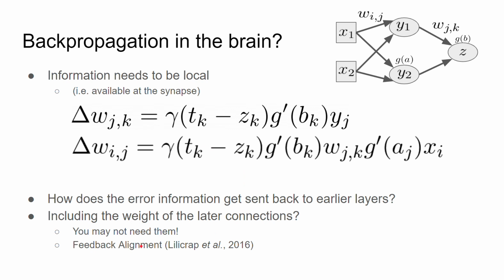It came out of people implementing backprop, and they messed up the code, and this weight here, instead of setting it to the correct values, they set it to a random set of weights that were fixed and never changed. And it worked pretty good. It's not quite as good as backprop, but it still works pretty good.